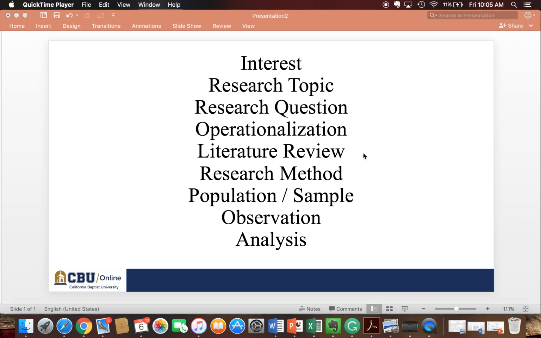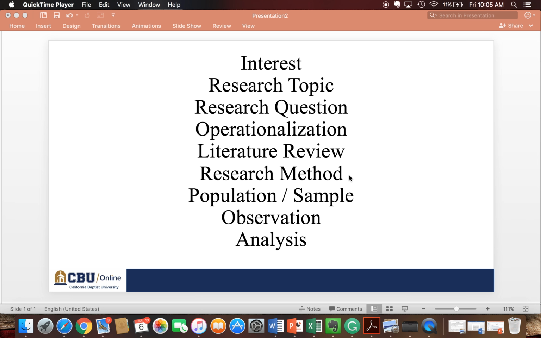That is how it needs to work, and you can understand that it starts with a topic. Make that topic researchable. Ask why. Turn that into a question. From that question, we need to operationalize the different segments of it. We need to look in the literature to find any existing studies that either support or don't support it, that we can build upon, and we're going to create that annotated bibliography.